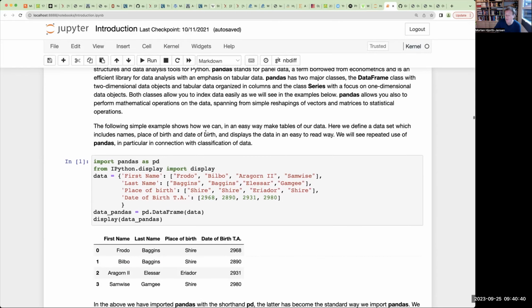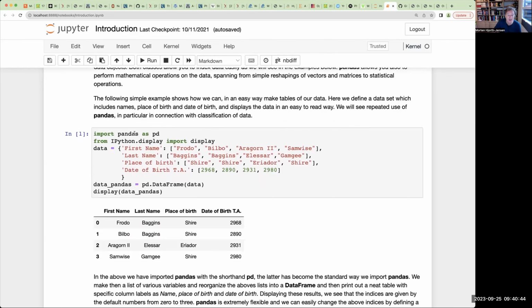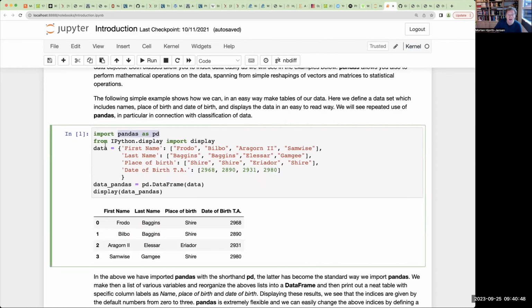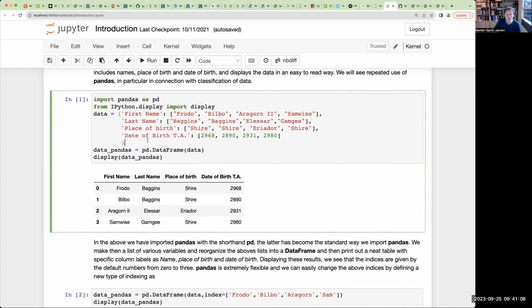And there are some examples which I put down here, and you can see what kind of movies I like to look at. So I'm importing pandas as pd. And here I have my IPython display. And I set up the data. So these would be the columns: first name, last name, place of birth, and date of birth. So I'm setting up a list of people with their names, places of birth and dates of birth, and we can easily set this up when we display it.